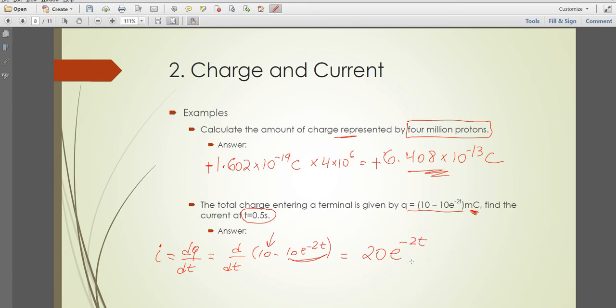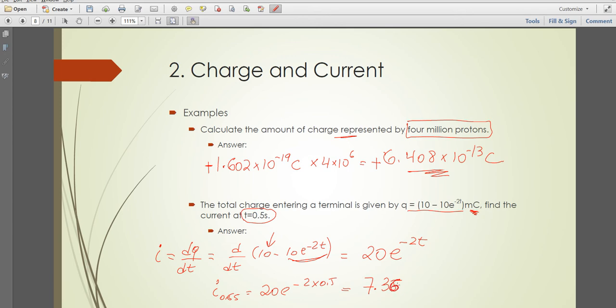So now we can calculate it. The current at 0.5 second will be 20 exponential minus 2 times 0.5, and this will give us the amount of 7.3536.